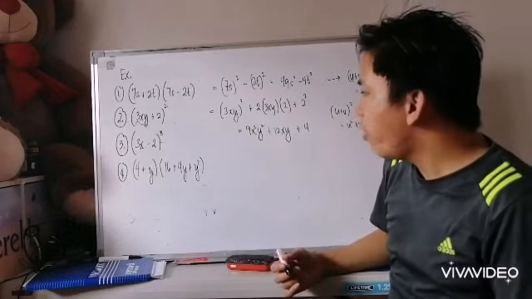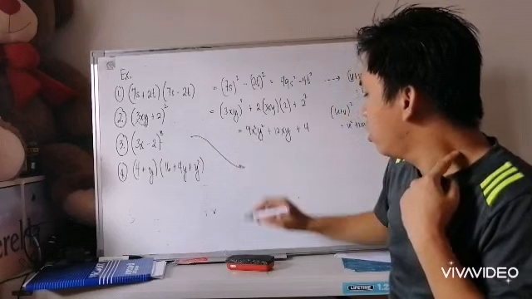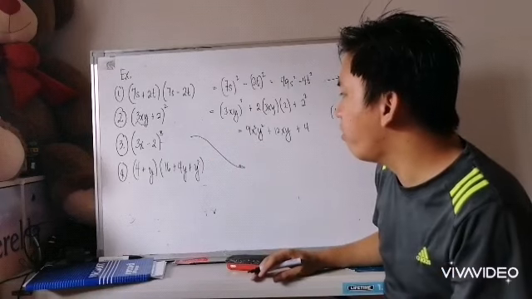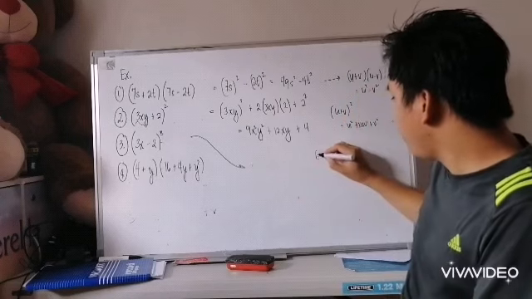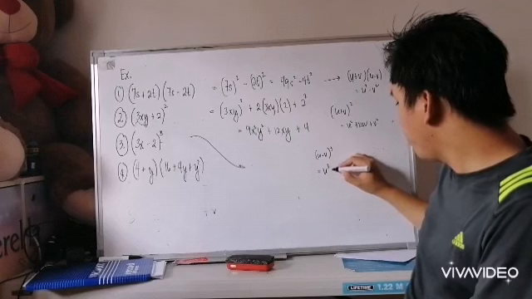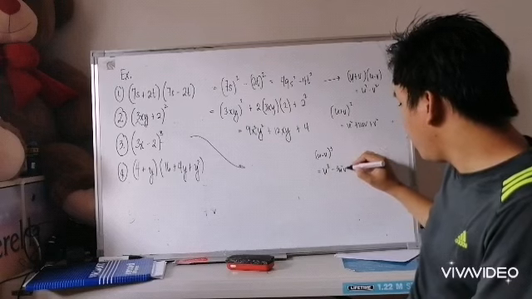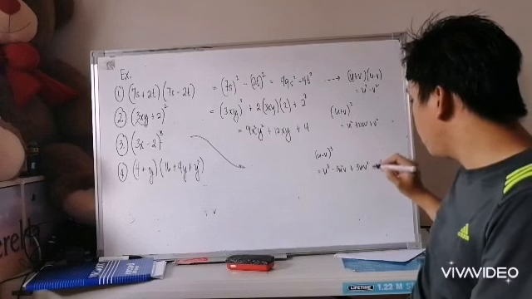That's it. Now for number 3, this is for the third rule that we have. This is u minus v cubed, so you'll get u cubed minus 3u squared v plus 3uv squared minus v cubed.